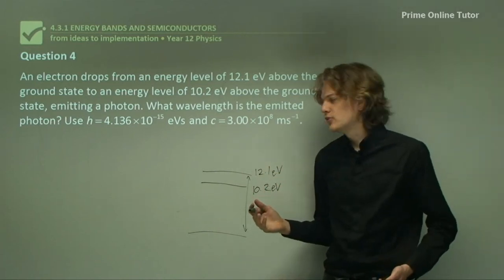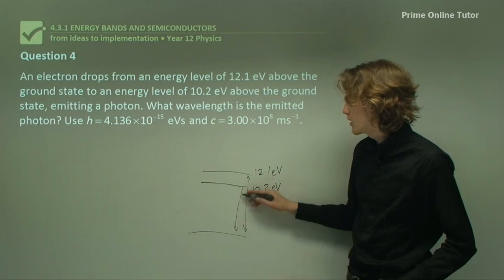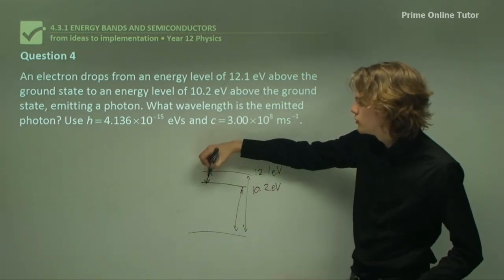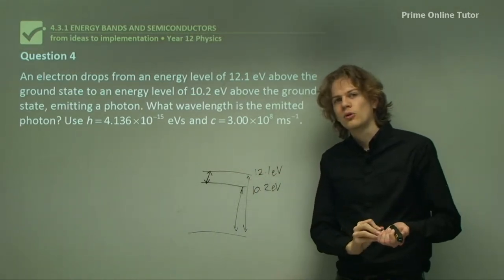And so the photon that we're emitting isn't going all the way from this state down to the ground state, or from the second state down to the ground state. It's actually this gap in between the two energy levels. So it's a photon of much smaller energy.